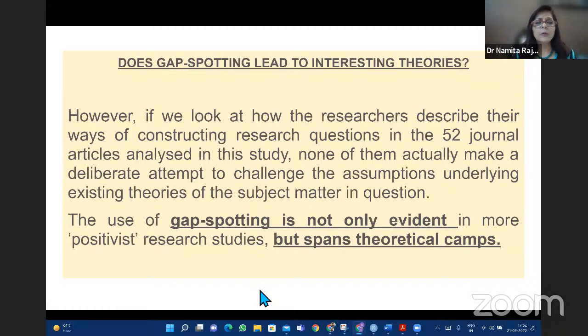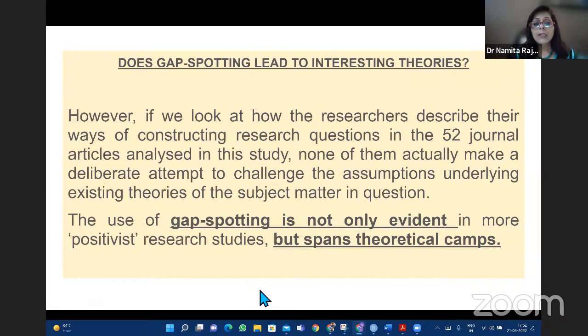So they would like to spot different places. Maybe they want to add some more span of time period. They want to add some regional integration flavor, and they just don't want to refute the assumptions of the previous theories. If you're able to do that, wow, it's a beautiful work, and this is what we actually strive for.